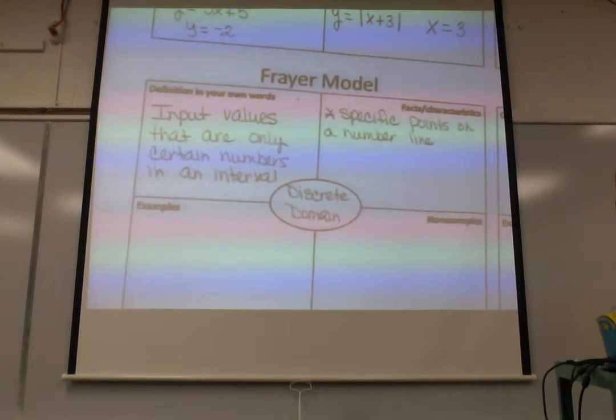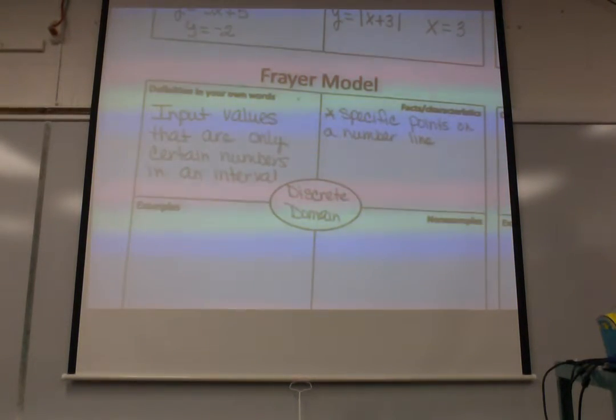They're whole numbers. Those are discrete numbers. We're not talking of parts of numbers or fractions or decimals. Those are discrete data, because we're talking about specific amounts. So if I was going to graph that information, they would just be specific points on a number line. They are discrete.